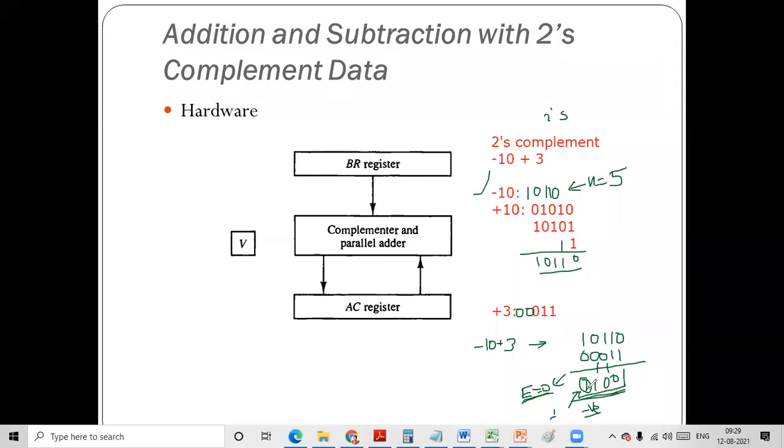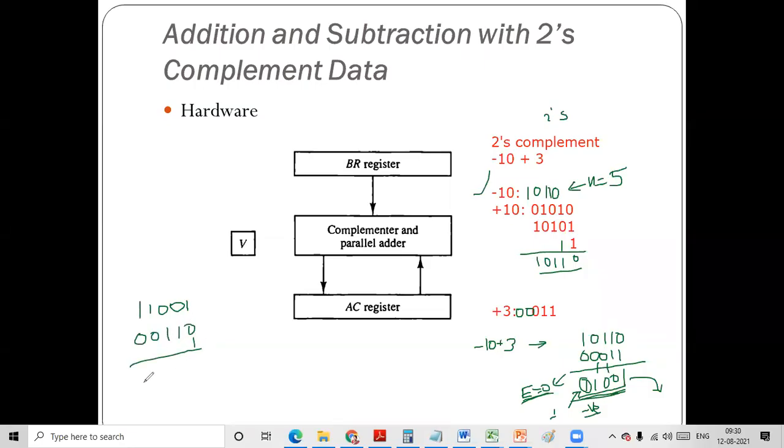Since we got the most significant bit as 1, it means that the result is negative. So to get its corresponding decimal value, what should I do? I have to 2's complement this, then I will get the correct result. So 11001 is your result. To get its decimal value, I take the 2's complement. 1's complement is 00110.